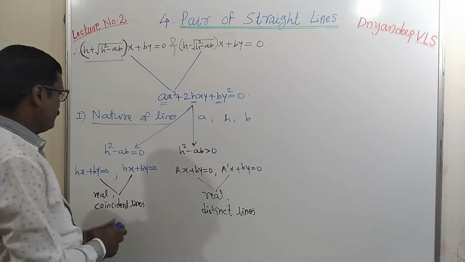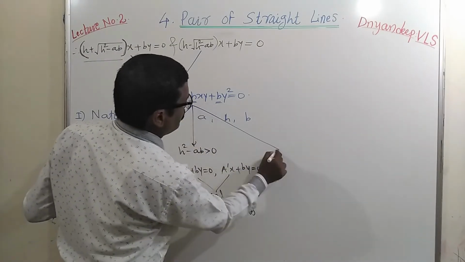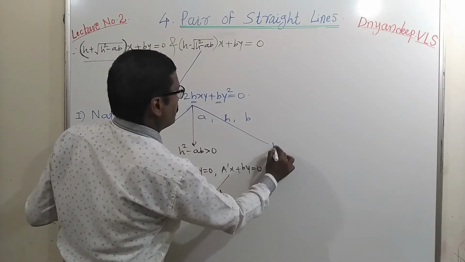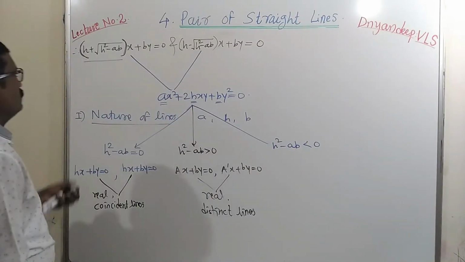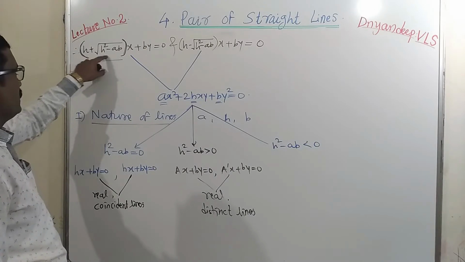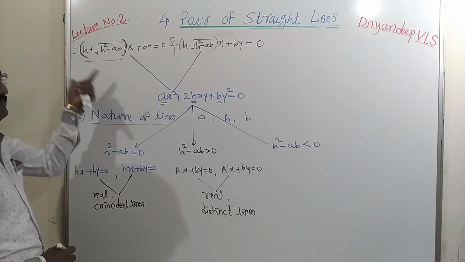Now the third case, if x square minus ab is less than 0, negative. So the root of a negative number is an imaginary number. So this line will become imaginary.